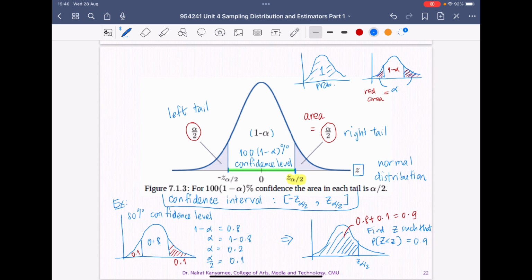So look for the value in the table. The value that you get, we will call it z alpha over 2 for the confidence level of 80%. This is an example. Okay, let's move on to the next one.